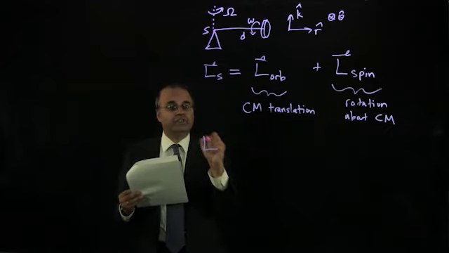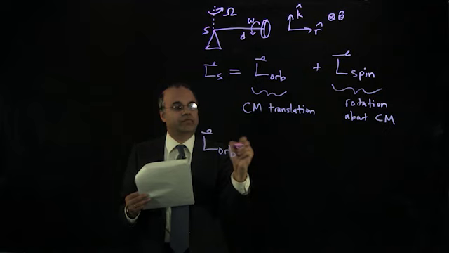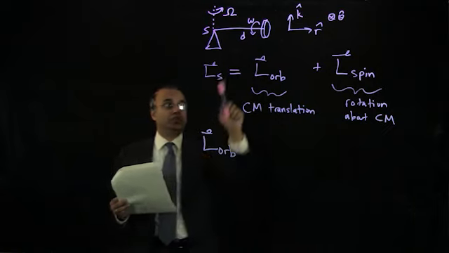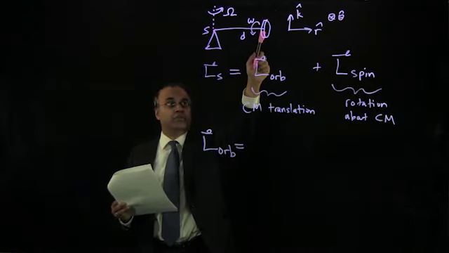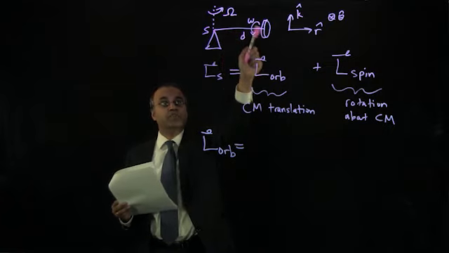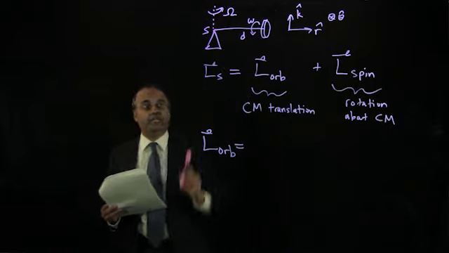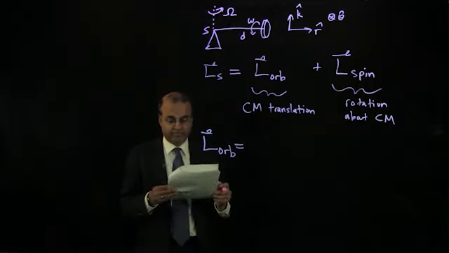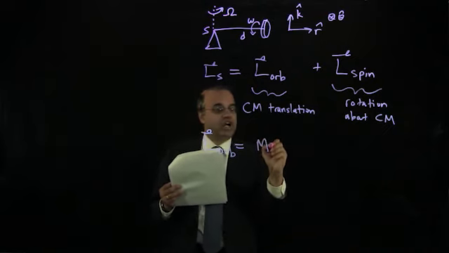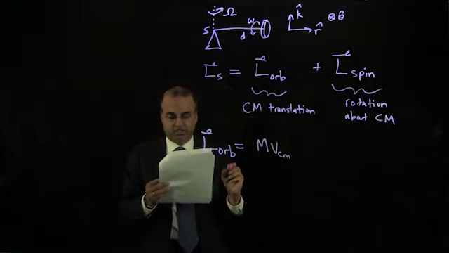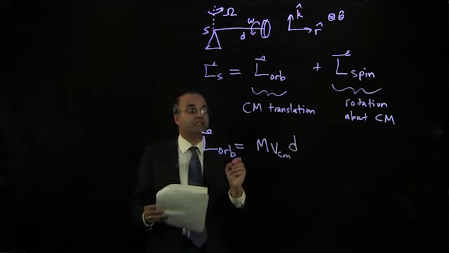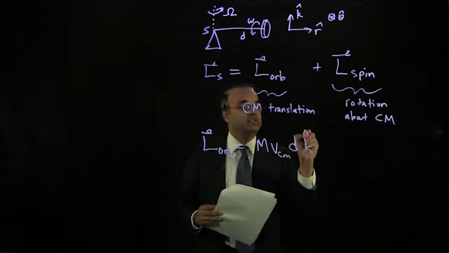The orbital angular momentum, that is the translational angular momentum of the center of mass, is just due to the motion of the center of mass of the gyroscope, which is at radius d with respect to point S, moving in a circle with angular speed capital omega. So that's equal to the mass times the center of mass velocity times the radius of the circle, and that angular momentum is in the k hat direction.